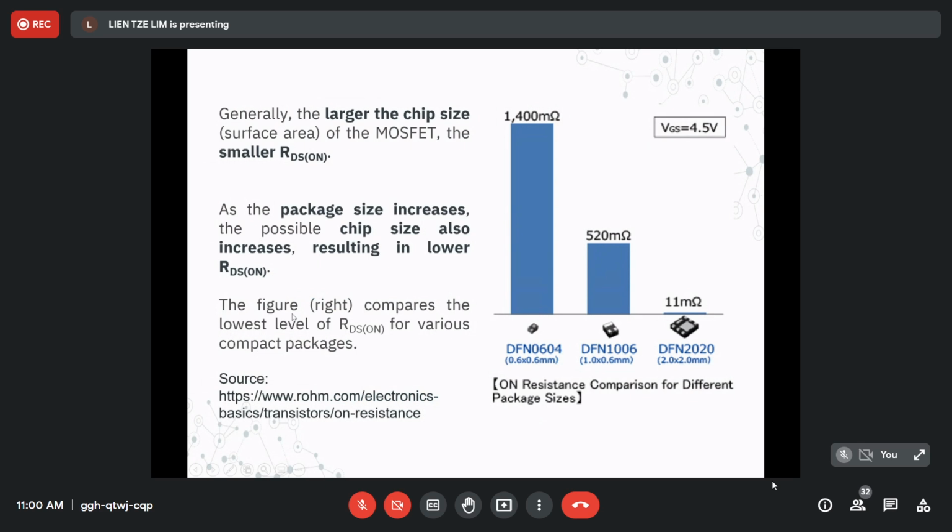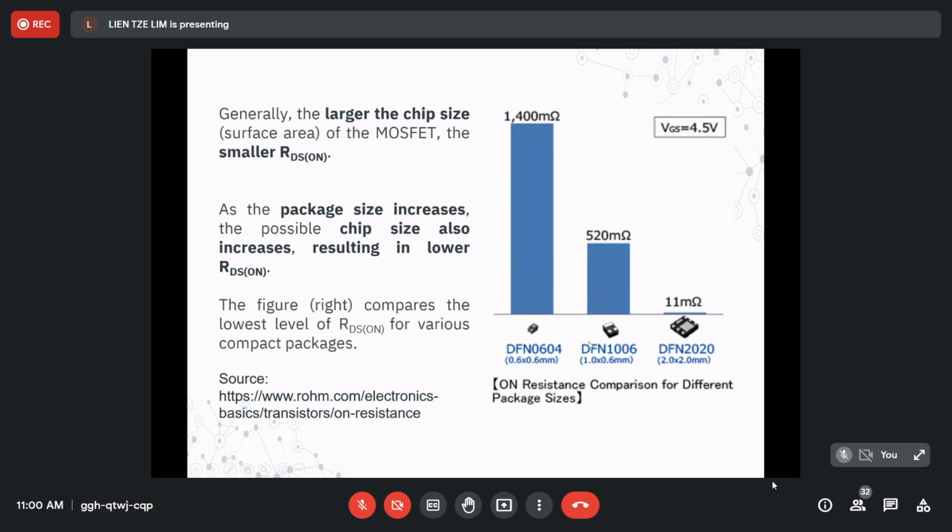The figure compares the lowest levels of the on resistance for various compact packages. Here is a chart that shows different chip sizes with different on resistance.